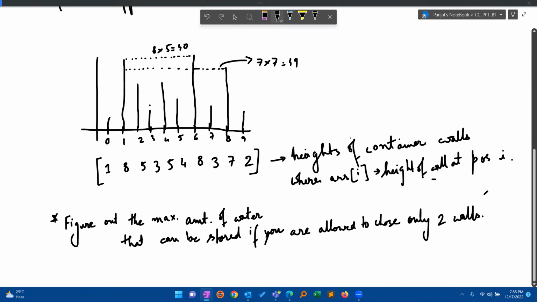Ideally for this question, you have to just find the maximum amount of water. So you have to return an integer. But a variation of this question can be that you have to return the indices also, like a pair which makes the maximum amount. For this question, you can assume that the format is just to return an integer. Think about it a bit, it's not a very easy problem to solve.